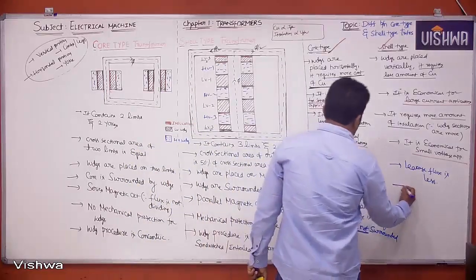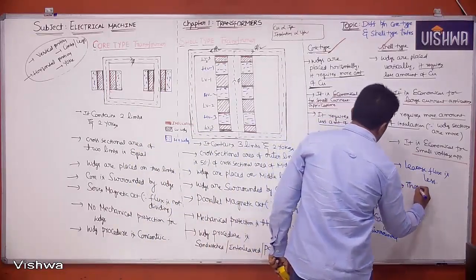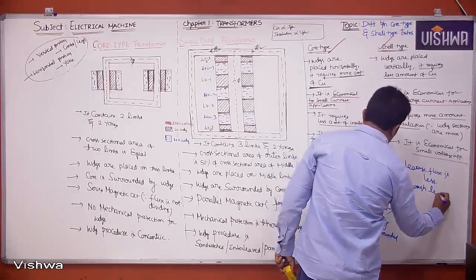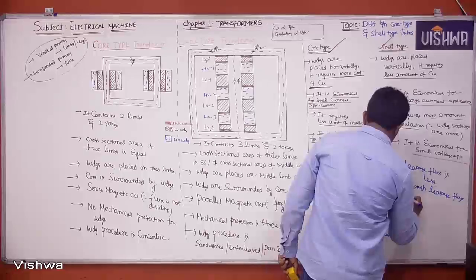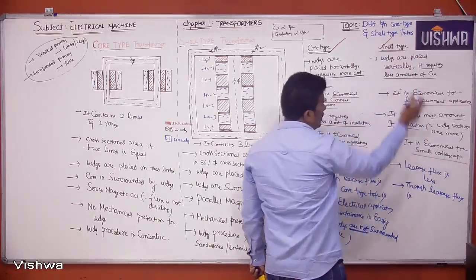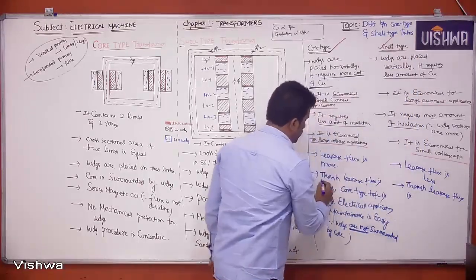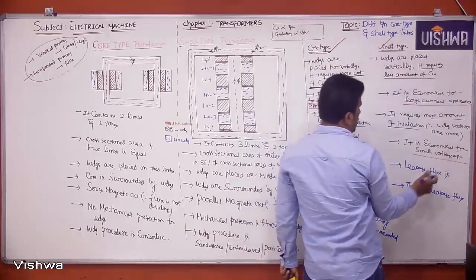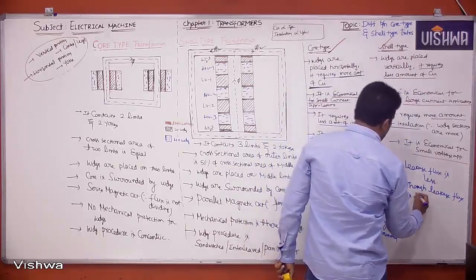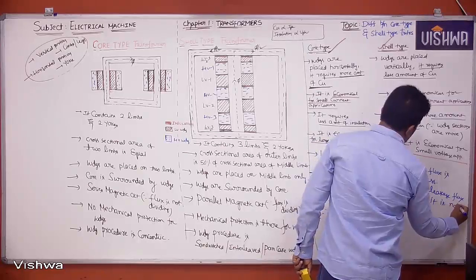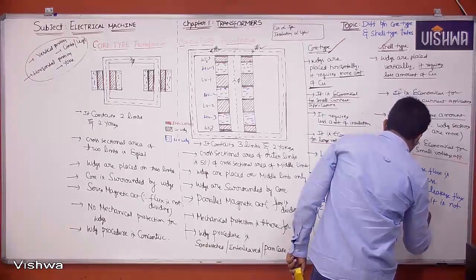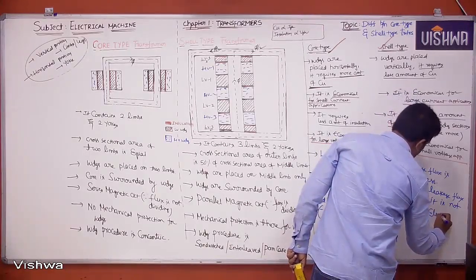But here, though leakage flux is more in core type, in shell type the leakage flux is less, yet it is not used for electrical applications.